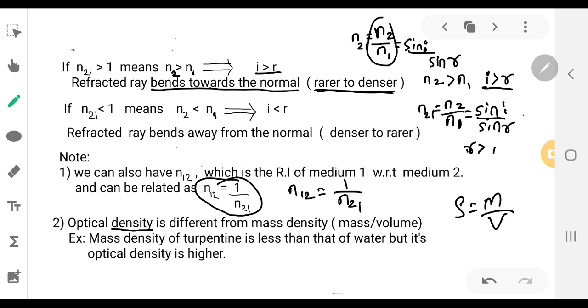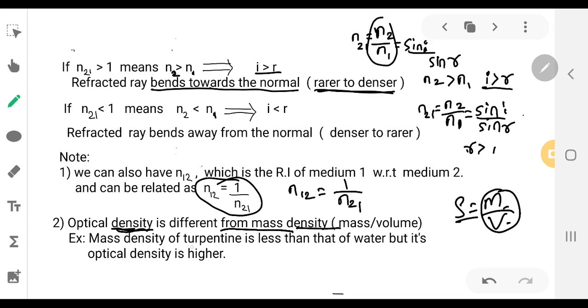But here the optical density, so throughout this discussion we used the word optically denser medium, but here optical density is different from mass density. Mass density ಅಂದ್ರೆ mass divided by volume. So mass density ಅದು ಯಾವುದ್ರ ಮೂಲಕ ನಾವು ಡಿಸೈಡ್ ಮಾಡ್ತೀವಿ ಅಂದ್ರೆ ಮಾಸ್ ಮತ್ತು ವಾಲ್ಯೂಮ್ ಆಧಾರದ ಮೇಲೆ ಮಾಸ್ ಡೆನ್ಸಿಟಿ ಡಿಸೈಡ್ ಮಾಡ್ತೀವಿ. ಬಟ್ ಆಪ್ಟಿಕಲ್ ಡೆನ್ಸಿಟಿ ಈಸ್ ಡಿಸೈಡೆಡ್ ಬೈ the change in the velocity of light in the medium.